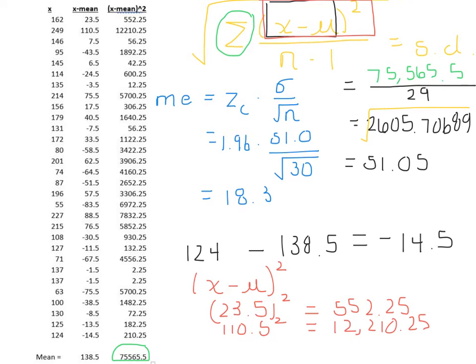So, in reference to this example, we have determined that to construct a 95% confidence interval, to estimate the true average number of friends that all people using this website have, I have to take my sample average, which was 138.5 friends, and add and subtract about 18.3 friends to capture the middle 95% of that distribution. So my margin of error is 18.3.